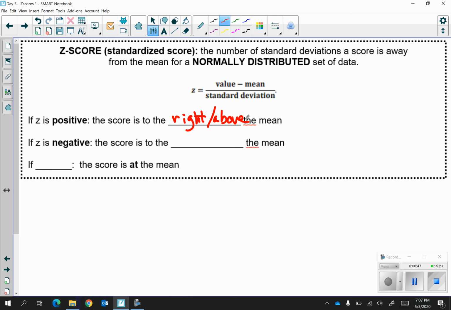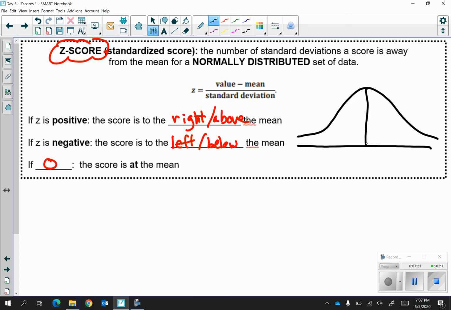Your z-score is negative if it is to the left or below the mean. Now, if your z-score is 0, it means you are no standard deviations away because you are on the average. Now, let's talk about what that looks like in a diagram. You have a normal distribution.